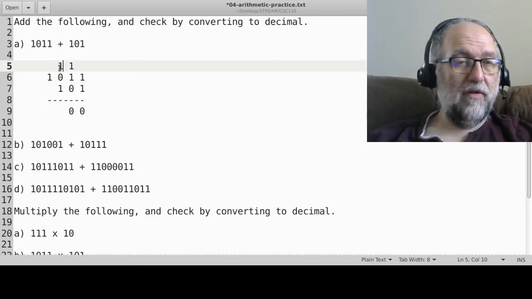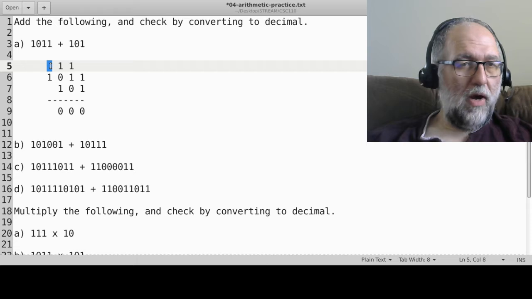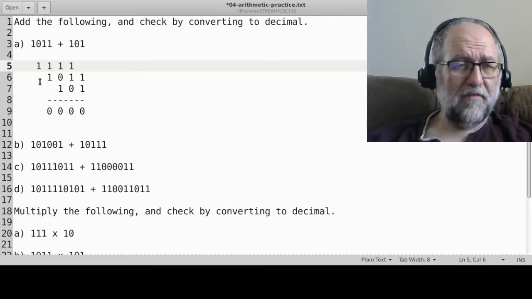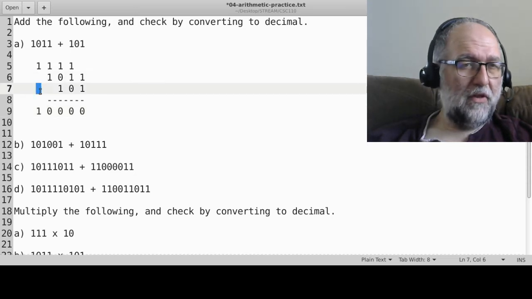Now we're in the fours column: 1 plus 0 plus 1 is again 1 plus 1, that's 0 carry 1. Finally we get 1 plus 1, and we get 0. There's another column over here, but the blanks on the left-hand side are 0, so that would just give you a 1 there, 1 plus nothing. And there's your answer.